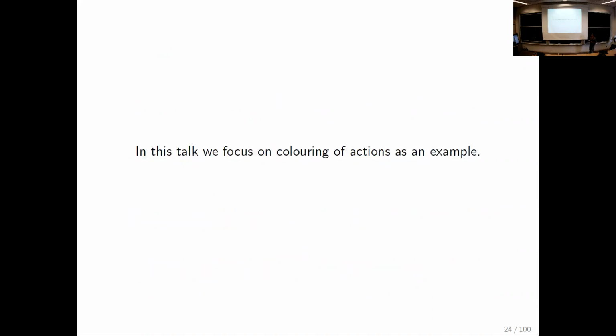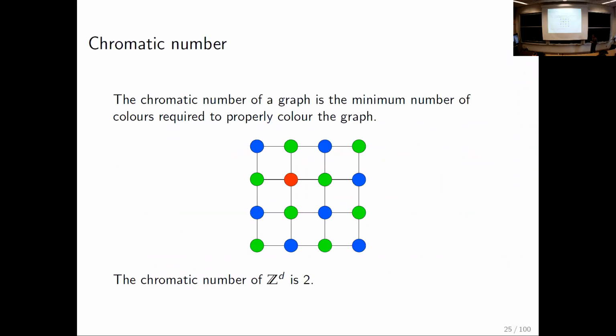So we'll be talking mostly about colorings as an example. There are many other systems to which these theorems apply. So a related question regarding the chromatic number, which would be familiar. What is the chromatic number of a graph? It's the minimum number of colors that we need to color a certain graph.